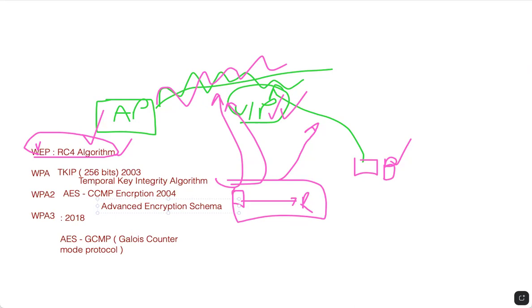Every configuration will be done from the controller. So lightweight means we are not making any configuration on the access point itself. We are making the configuration from the controller. That's why it's called lightweight. It will be DHCP option 43, looking for the controller. The controller will be pushing the configuration to the access point. That's why it's called lightweight, because we are not making any configuration.